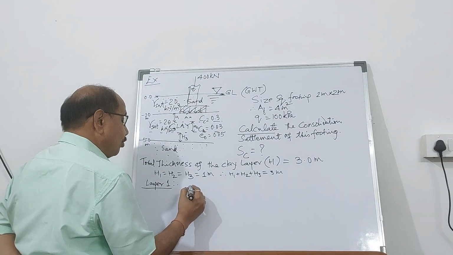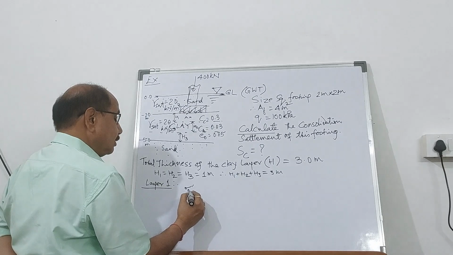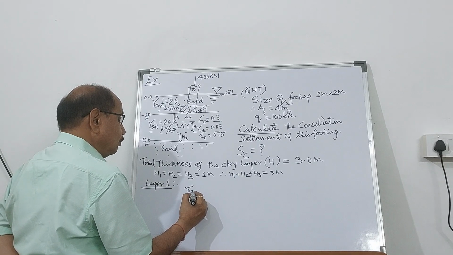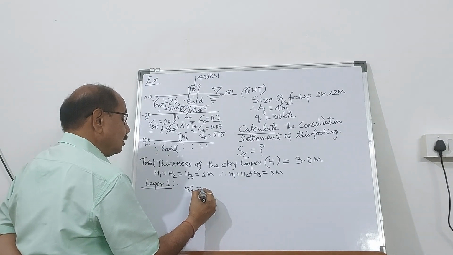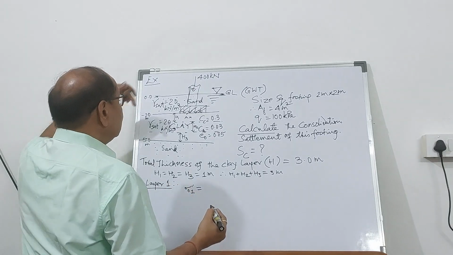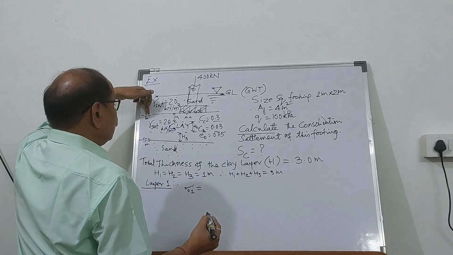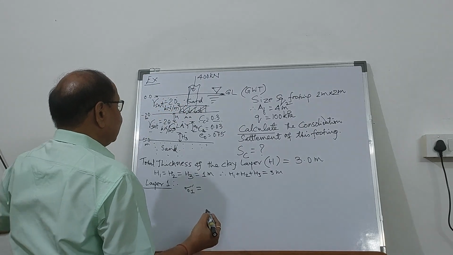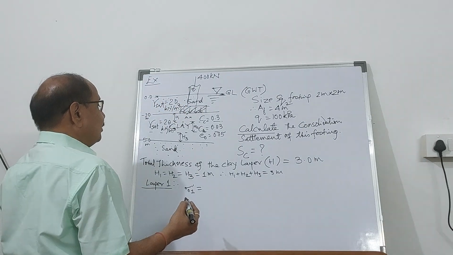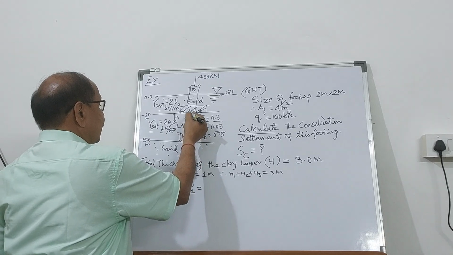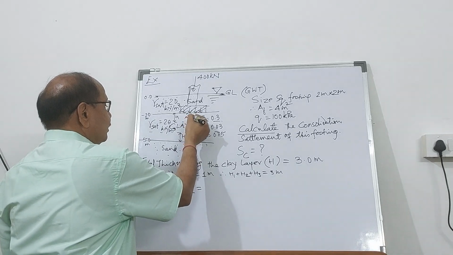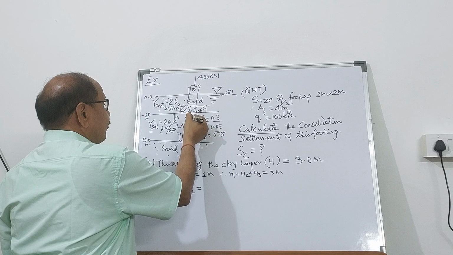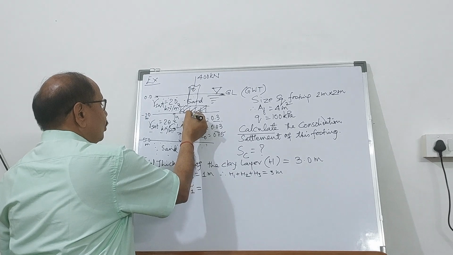So, the effective overburden pressure for layer 1 will be equal to, this is going to be 2 meter, and at the midpoint, that is going to be H1 by 2, 0.5 meter below this.